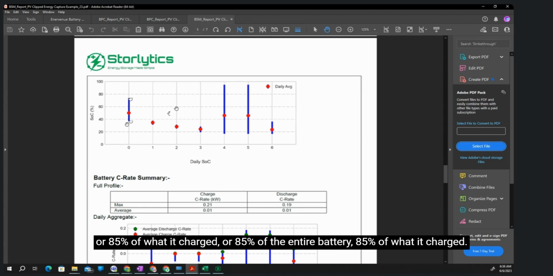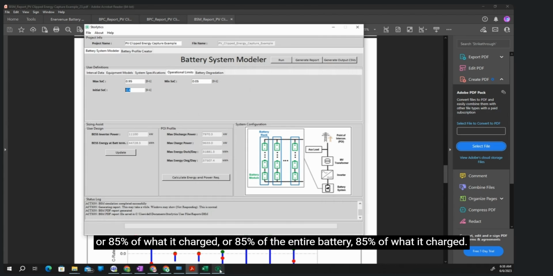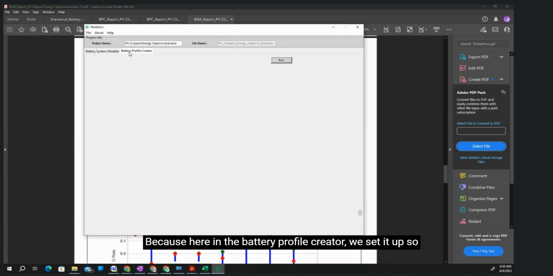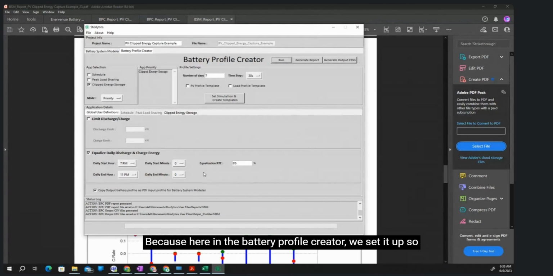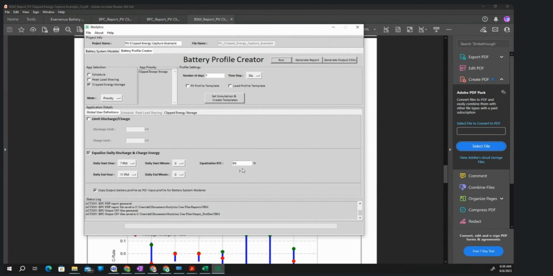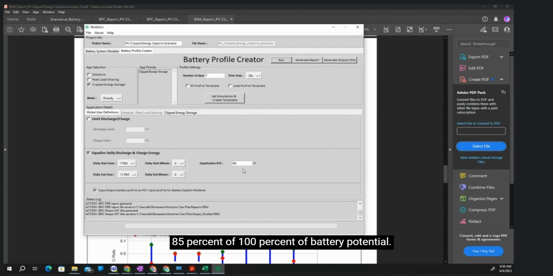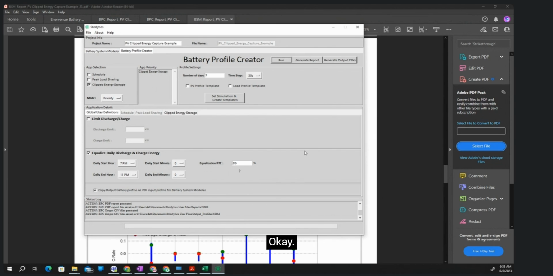Because here in the battery profile creator, we set it up so that the POI profile would discharge 85% of what it charges. So not necessarily 85% of 100% of battery potential. Exactly.